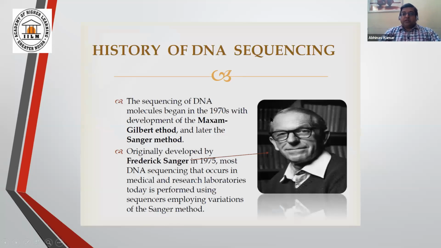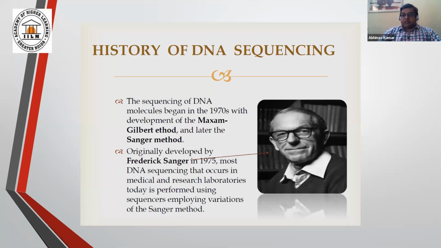So the history of DNA sequencing starts in the 1970s with the development of, like I have already told, Maxam Gilbert or Sanger method. But the most notable work was actually done by this great guy, Frederick Sanger, in 1975.